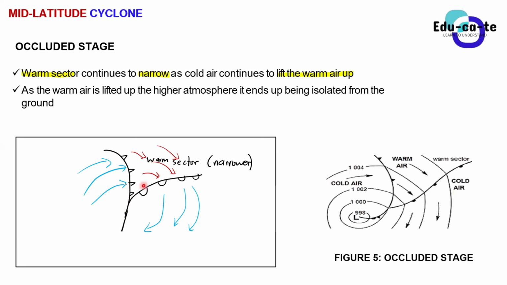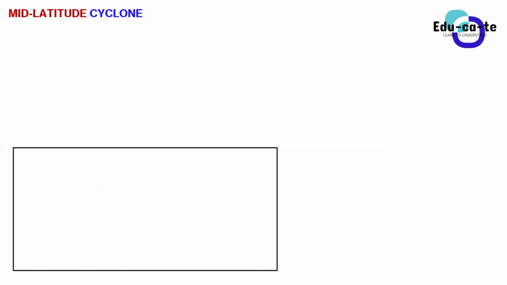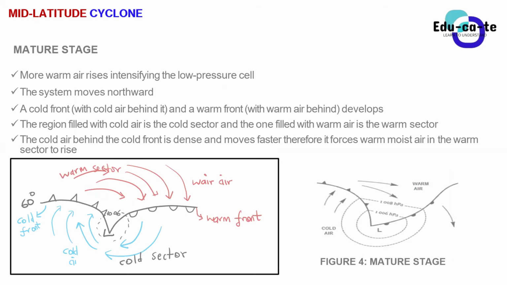Let's just go back to the mature stage for a bit of good illustration. When we were at the mature stage, guys, we said that the cold air behind the cold front is pushing this cold front to keep on moving and moving.